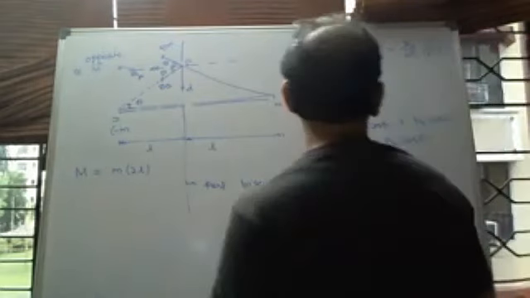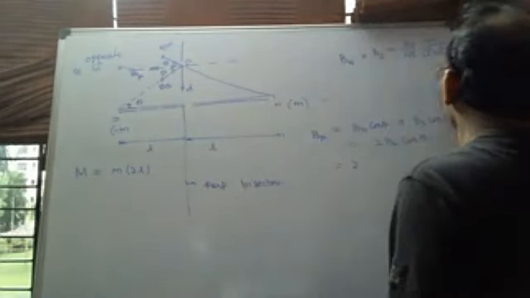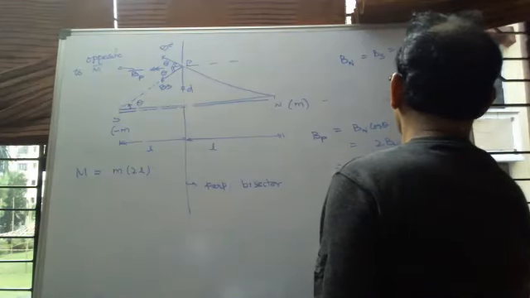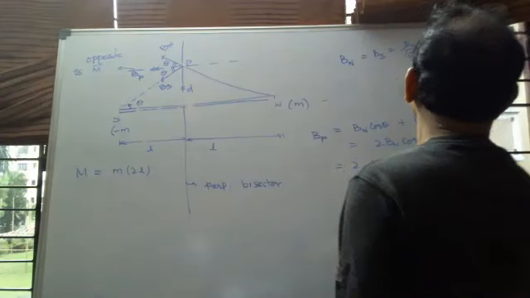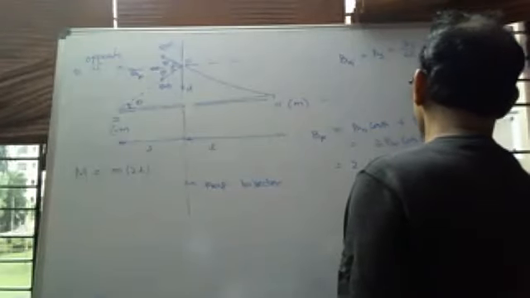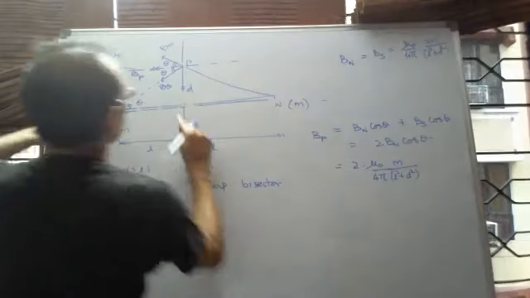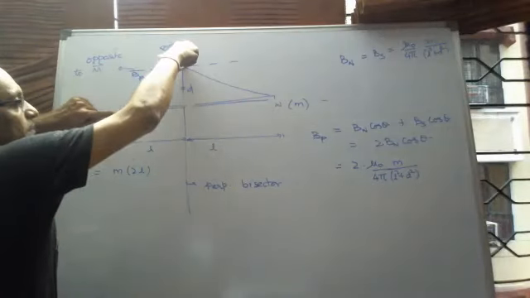Now let us see what this is. Bn is mu naught by 4 pi, m by L square plus d square. That's Bn. And cos theta is L by root L square plus d square, right?